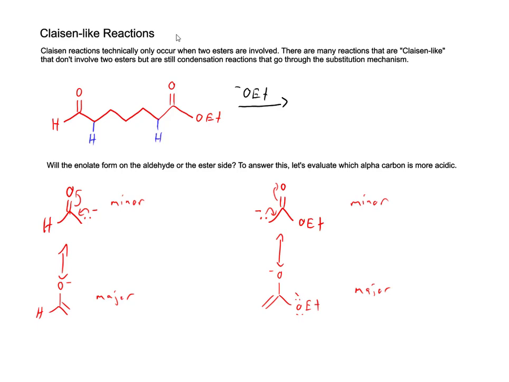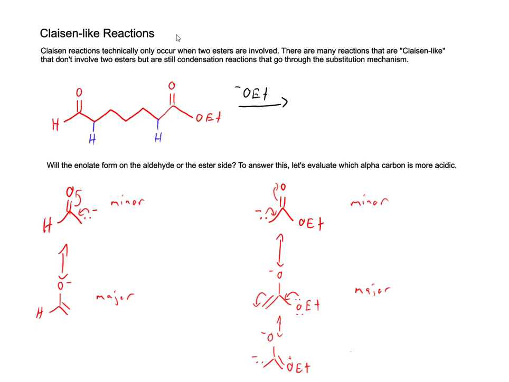So this is going to be conjugated with this double bond here, which means we can have another resonance structure, which puts the lone pair back on the carbon, which of course is unfavorable because we would rather not have the lone pair on the carbon because we want it to be on the more electronegative atom.